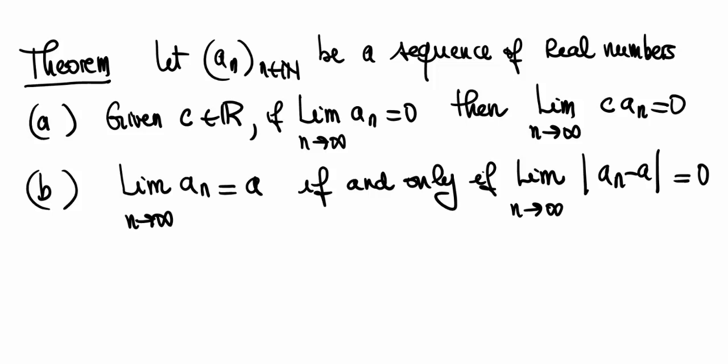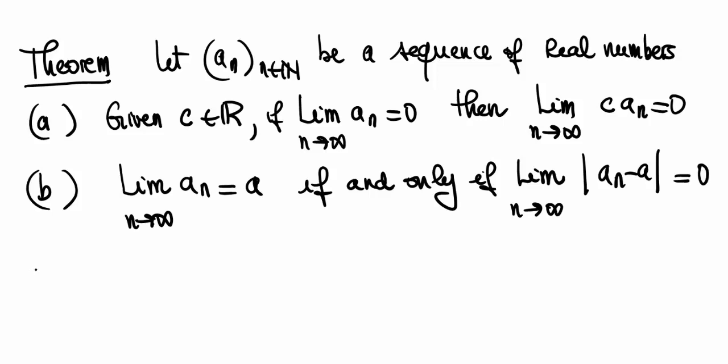I will leave the first part of the theorem as an exercise for you. So pause the video and try to prove for yourself that A is true, and I will offer a proof for the second part of our result.